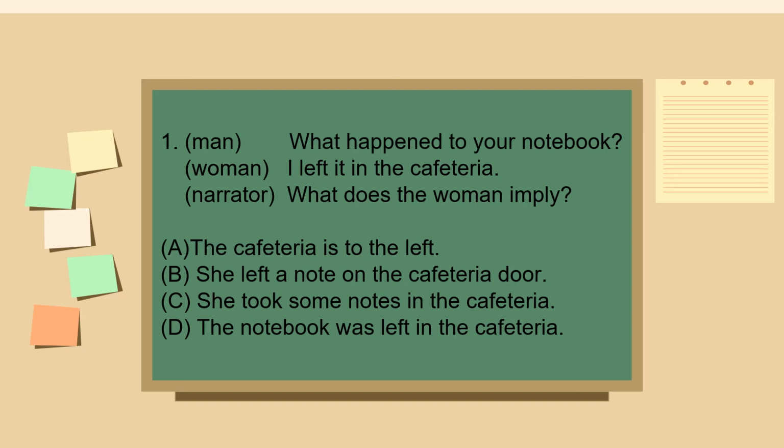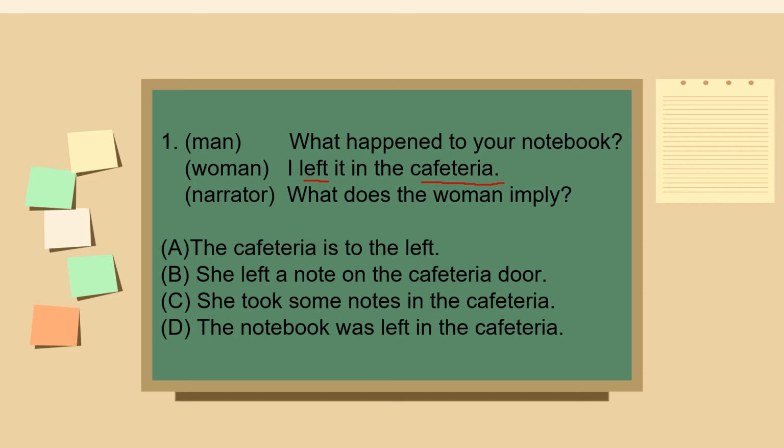Okay, let's identify the second line of the question. I left it in the cafeteria. There are two key terms here: left and cafeteria. What's the form of this statement? Its form is active. So you may go directly to find the passive form.